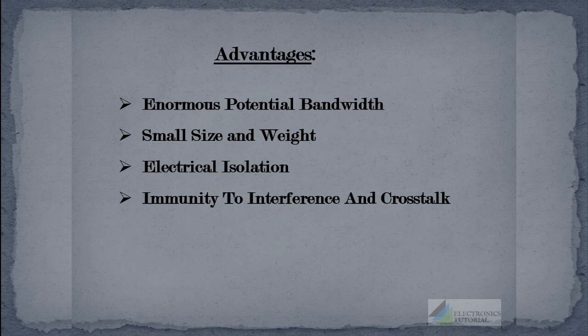And the main attractive feature is that it is not susceptible to lightning strikes. Similarly, as there is no optical interference between fibers, even when many fibers are cabled together, crosstalk is negligible.